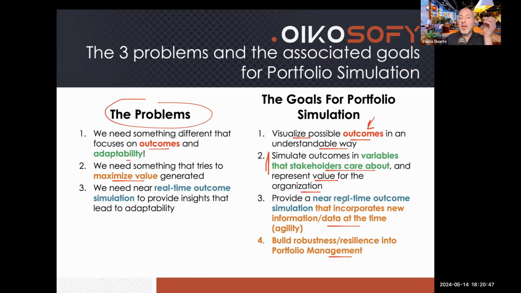And we need to provide near real-time outcome simulation that incorporates the information or the data at the time that we have it so that we can then adapt. And that's where the real agility comes from. Without number three, we can't have agility at portfolio level. And then finally, we need to build robustness or resilience into portfolio management.